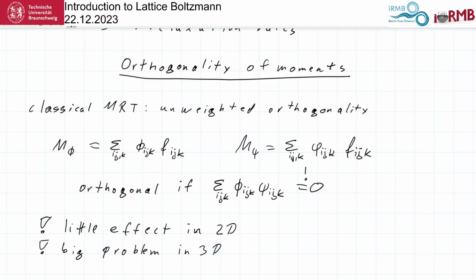And one of the things that nobody told you about, that the papers don't tell you about MRT, is that when you try to make a classical MRT method with a D3Q27 lattice, that was never done, apparently. If you do it this way and you use the usual orthogonalization, then your method is completely unstable and unusable.